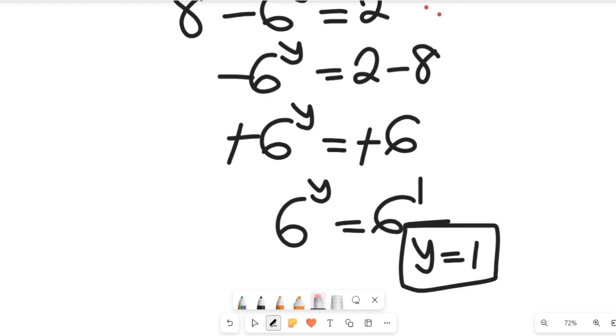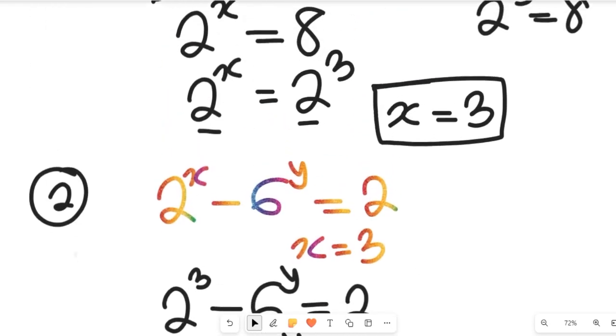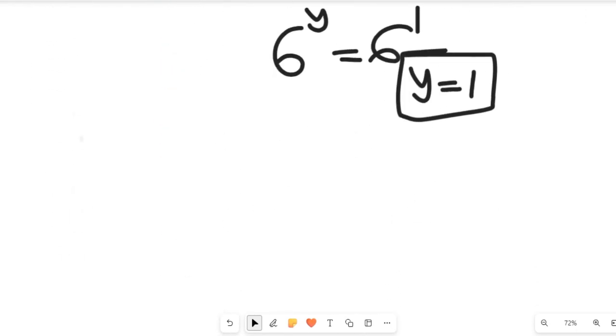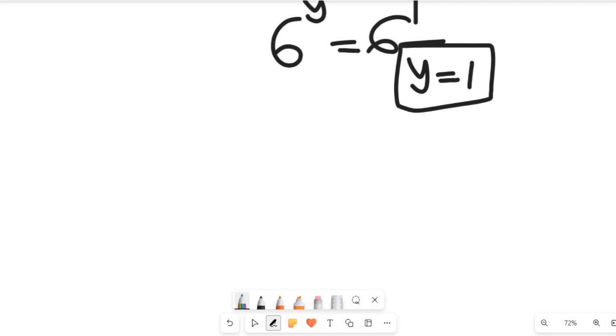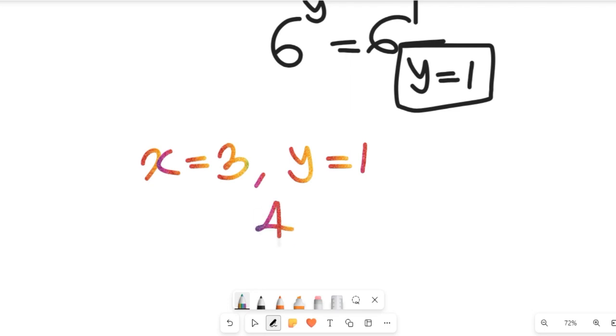Now the question is, how do we check if this is actually correct? Remember, we have two solutions. The solutions are x equal to 3 and y equal to 1. So let's substitute this into the initial expression given to us, 4 to the power of x minus 36 to the power of y equal to 28.